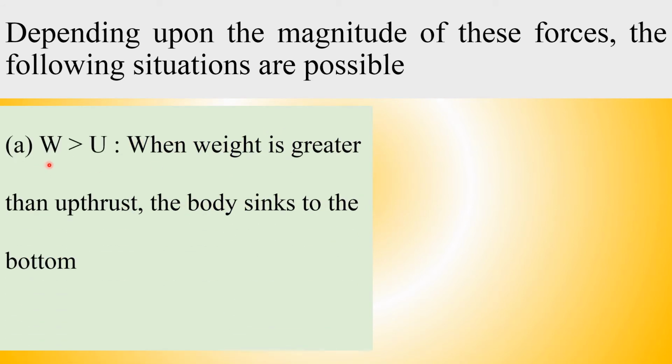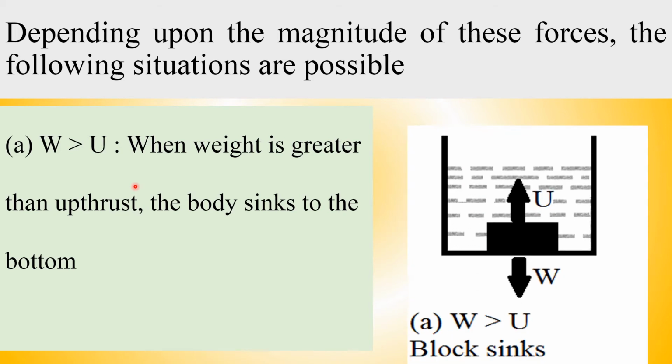Situation first is when the weight of the object is heavier than the upthrust U. When weight is greater than the upthrust, the body sinks. Clearly you can understand the downward force is heavier while the upward is less. What will happen at that time? Let us see in the diagram.